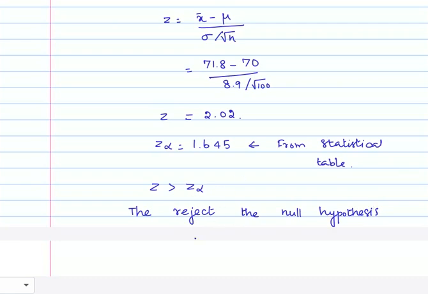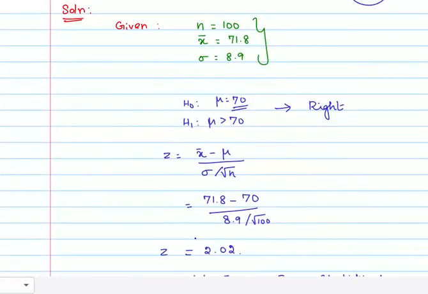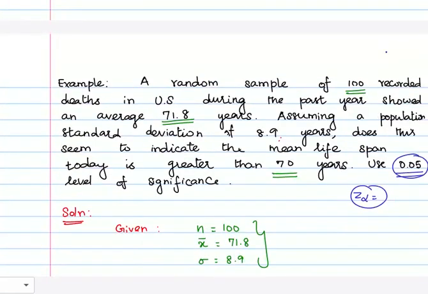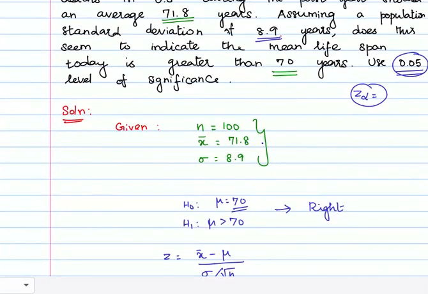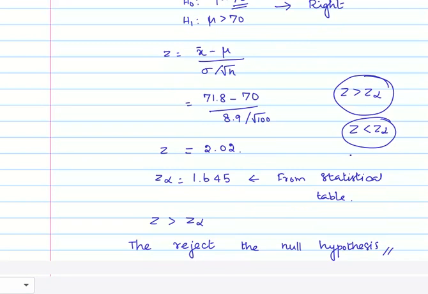So we can conclude that the average life is greater than 70. In this problem they gave the standard deviation. Whenever Z is greater than Z alpha, you have to reject it. Z is less than Z alpha means we accept it, or do not reject the null hypothesis.